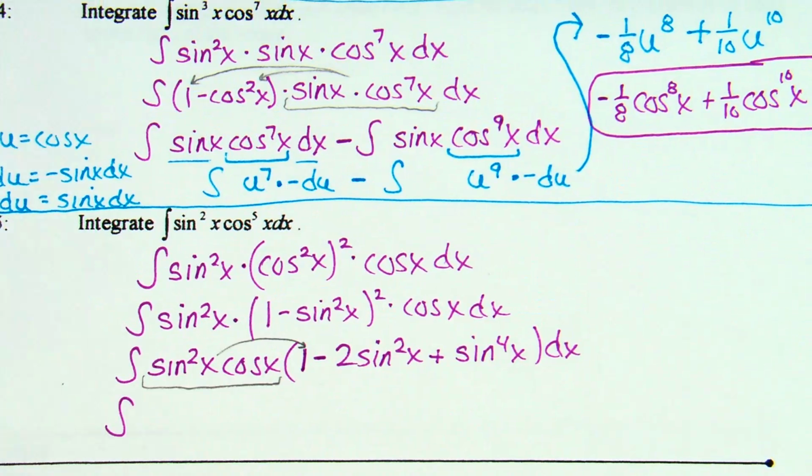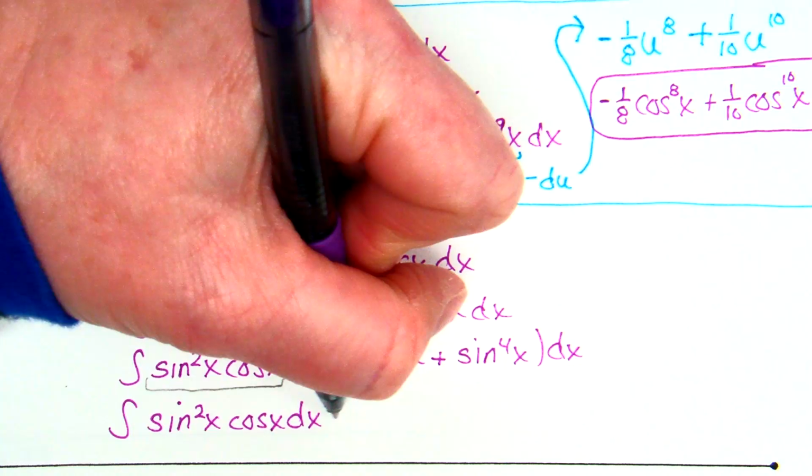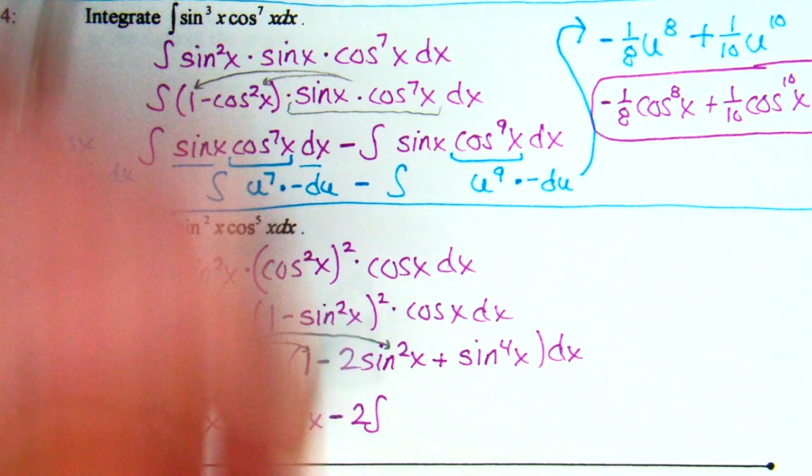What about this whole number 2? Can we go ahead and pull that 2 out front? It's a constant. So I'm going to do 2 times the integral, and I'm doing sine squared cosine times that sine squared. What's sine squared times sine squared? Sine to the 4th x cosine x dx.